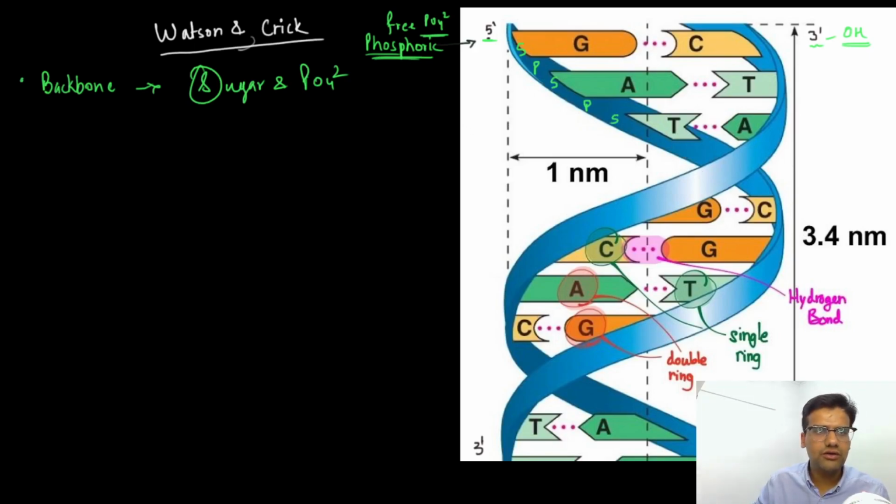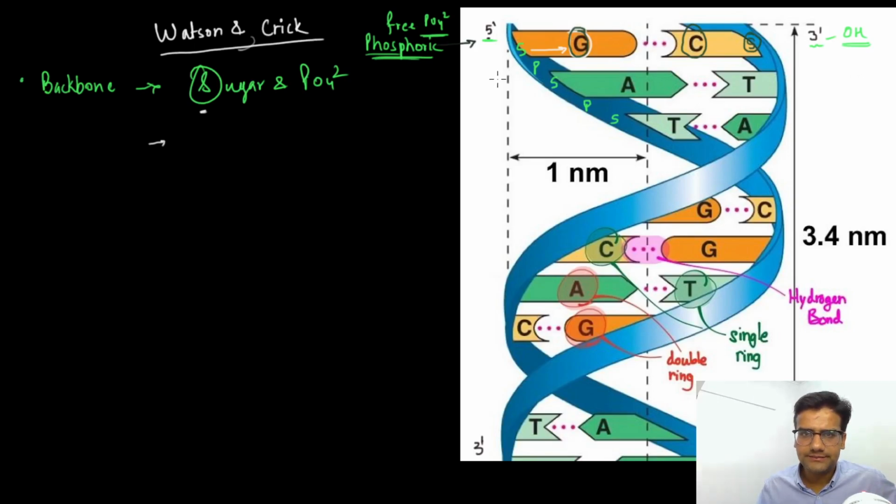These sugar molecules are connected to a nitrogenous base, that means a purine or pyrimidine. And these nitrogenous bases are connected to each other. That means this guanine here is connected to the cytosine of the other strand.